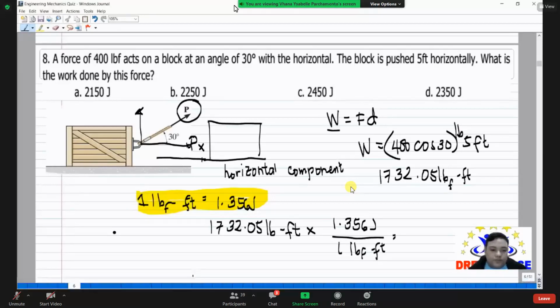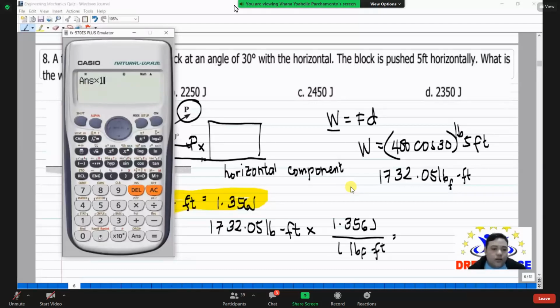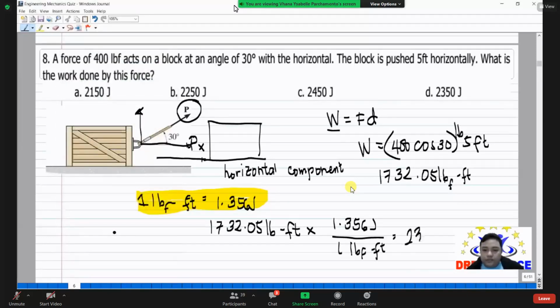So kakancel yung pound force feet. So times natin ng 1.356. So this is equal to 2,348. And that is approximately equal to 2,350 joules. Letter D. Letter D po siya. Okay.